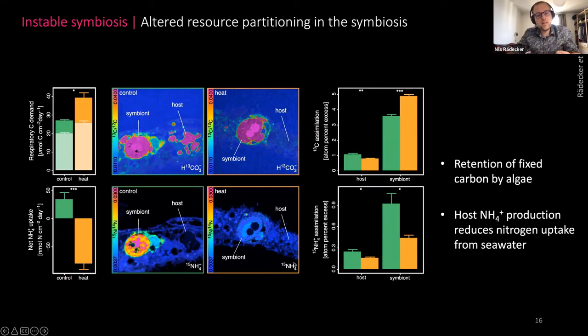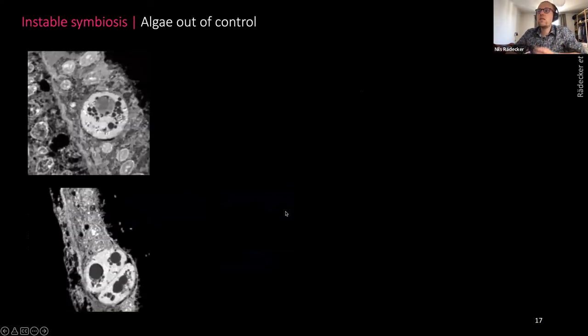So clearly this reduced uptake of ammonium from the environment does not mean that there is effectively less ammonium available. Instead, it's quite the opposite. You can see that when you just look at the shape of these cells. Here we have a nice regular cell, but here we have some kind of weird distortion. And what that is, of course, is simply the difference between a regular and a dividing cell.